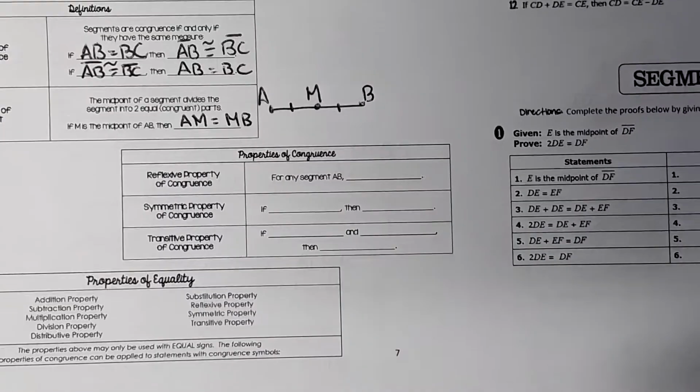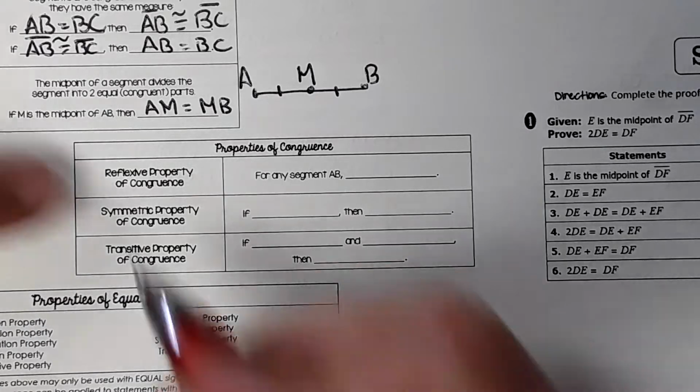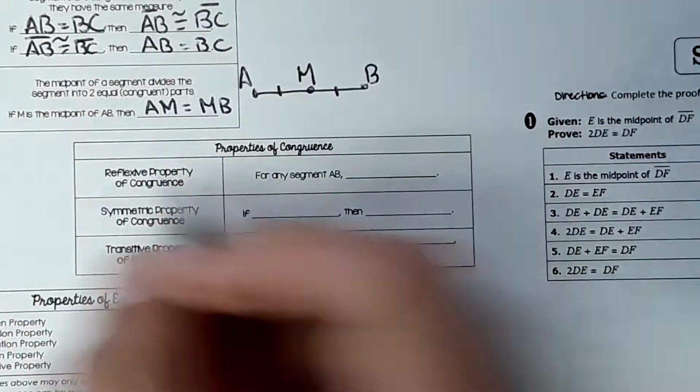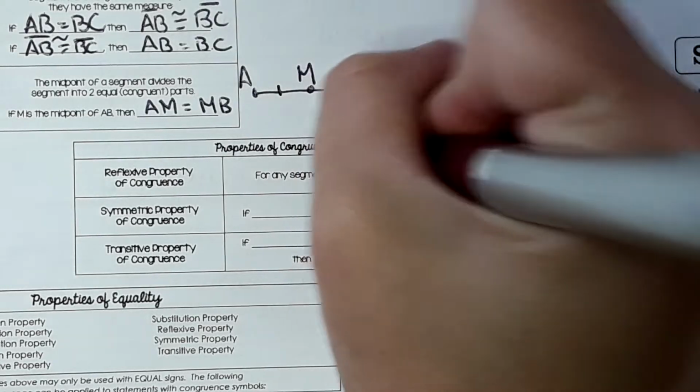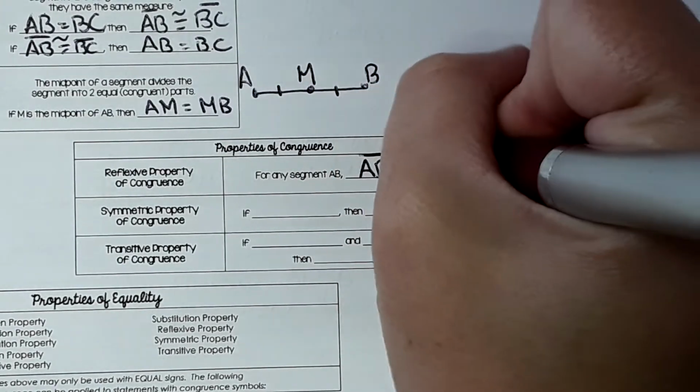And moving down, properties of congruence. Some of these will be familiar from yesterday. Reflexive property of congruence means that, let's say, segment AB is congruent to segment AB. AB is equal to itself.